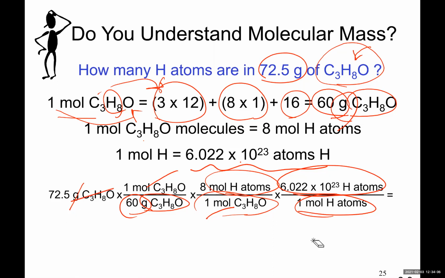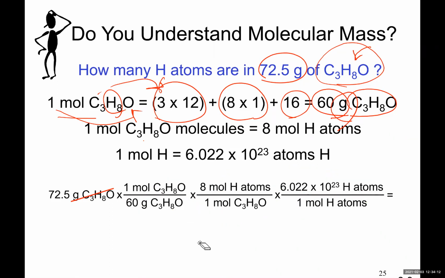So if I have done my unit conversion factor correctly, I always check to make sure I have the unit that problem is asking. Let's double check. Can I cancel grams of C3H8O with grams? Can I cancel moles of C3H8O with moles of C3H8O?